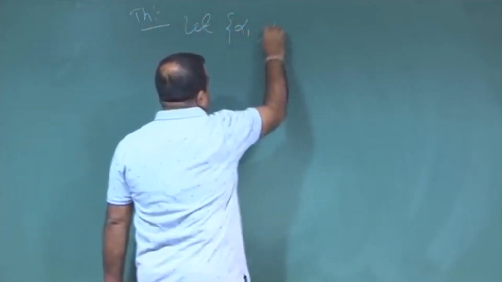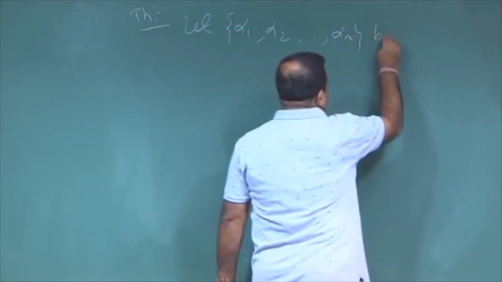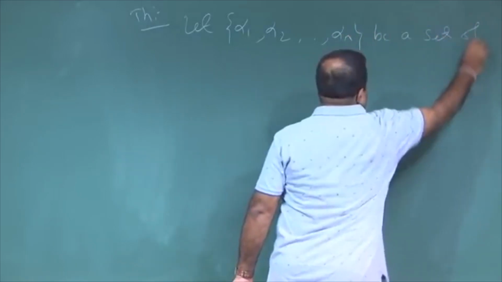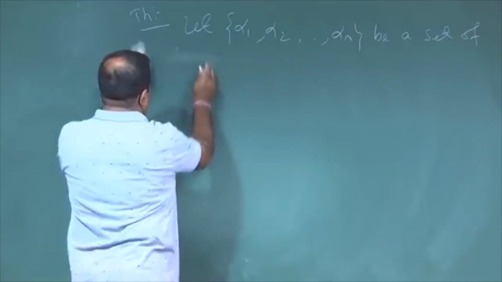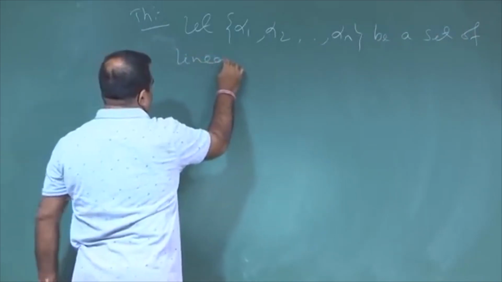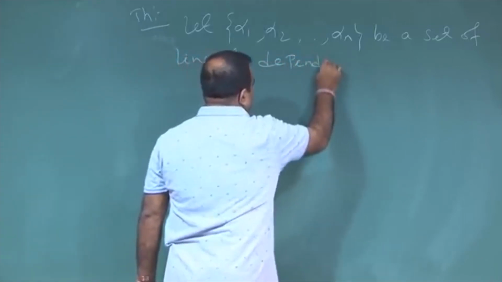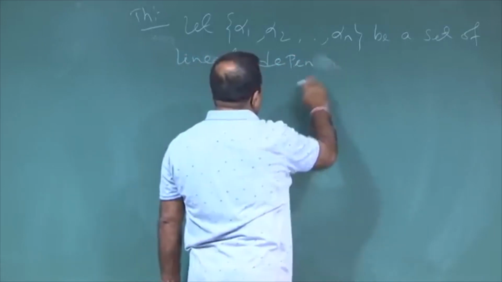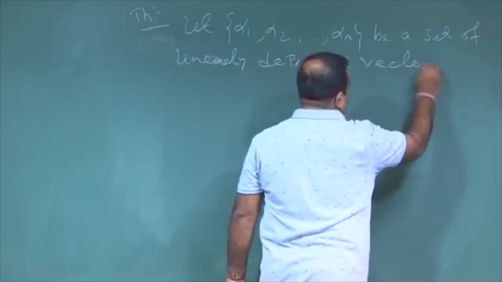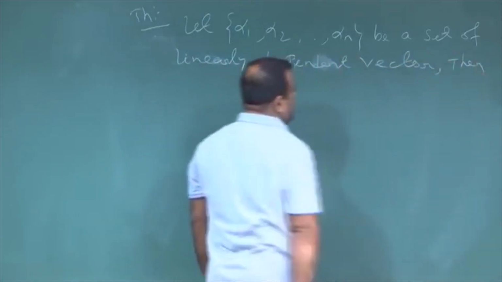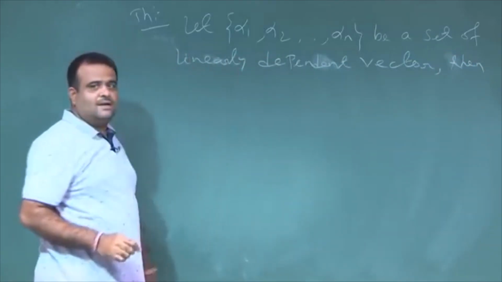Let alpha 1, alpha 2, ..., alpha n be a set of linearly dependent vectors, then one vector can be written as a linear combination of the others.